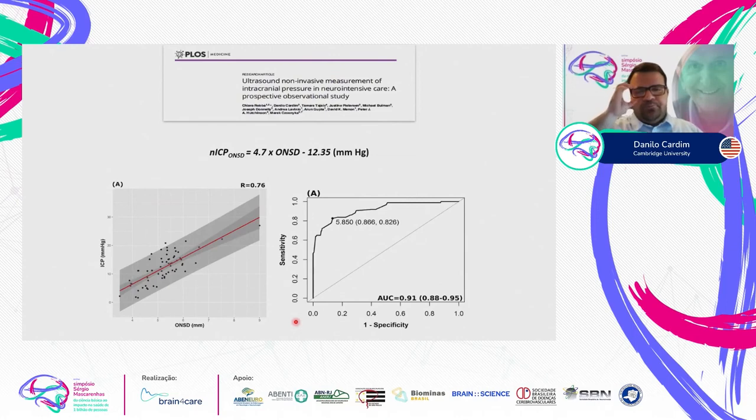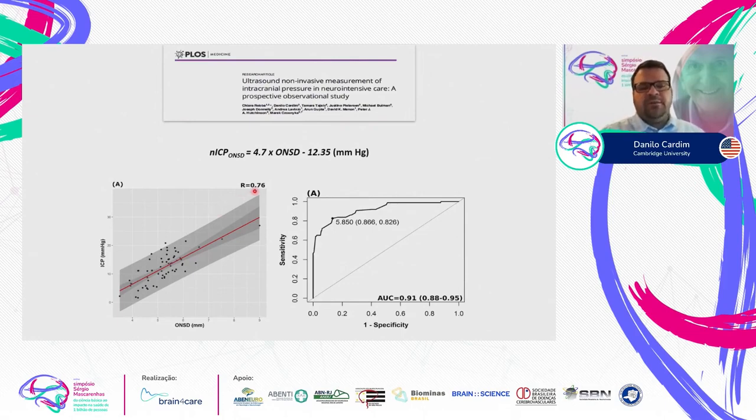And also, back in our PhD days, we did a prospective study in Cambridge where about 100 patients had measurements of optic nerve sheath diameter about 400 times. So we collected about 4 measurements of optic nerve sheath diameter along the days patients were in the unit, yielding this large assessment of more than 400 measurements of optic nerve sheath diameter and invasive intracranial pressure.